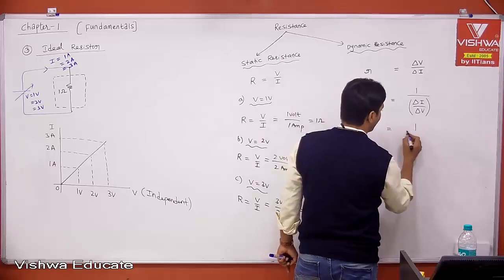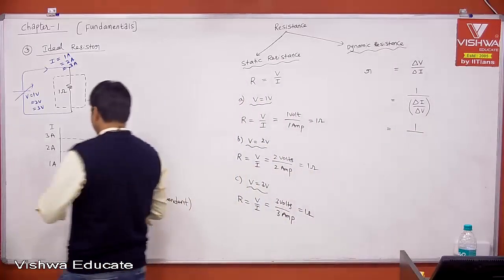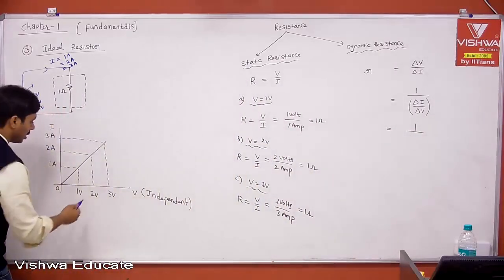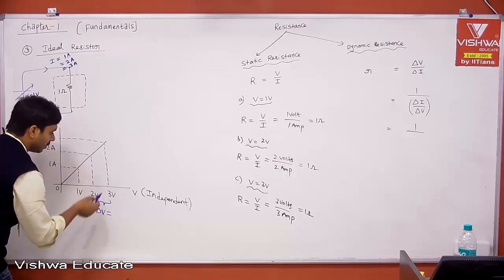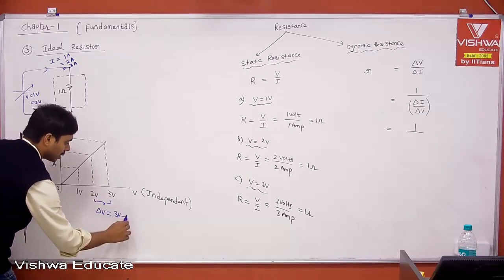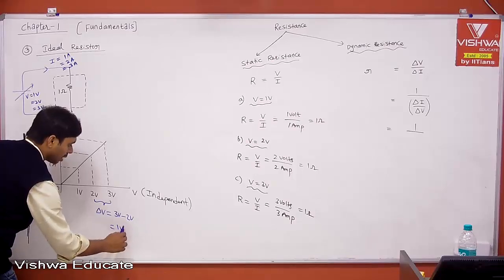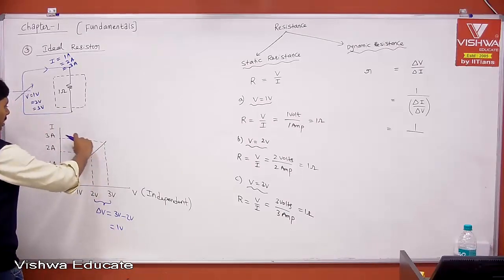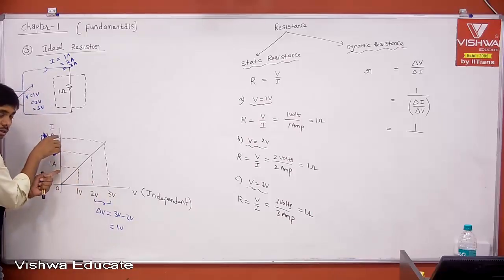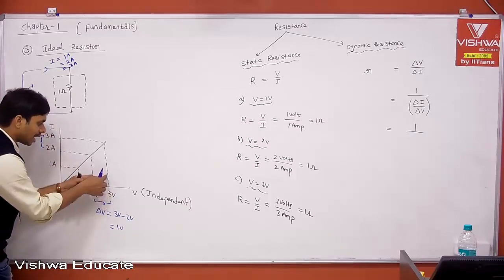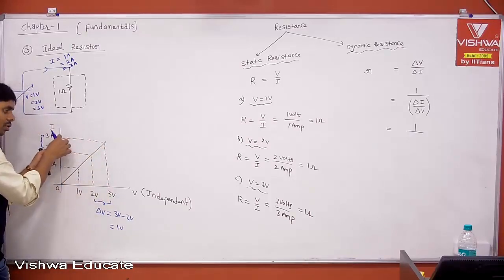Therefore, tell me, if you take a change, let us say the change in the voltage is delta V. What is delta V? 3 minus 2, 3 volt minus 2 volt. Therefore, what is this? 1 volt. Then the corresponding change in current. See, when I say the change in voltage is this, don't take the change in current as this. When I say delta V, the corresponding delta I is what we need to take.